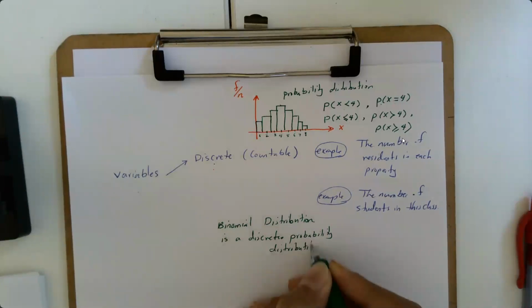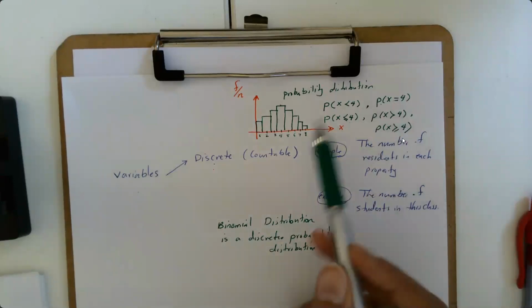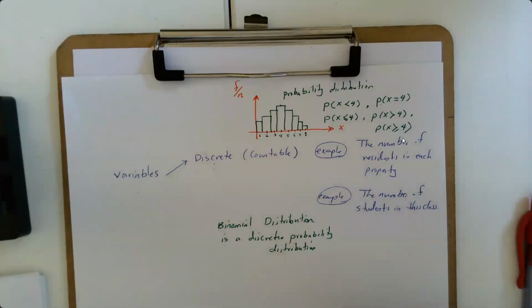To find the probability related to the binomial distribution, we follow the exact same method and process.